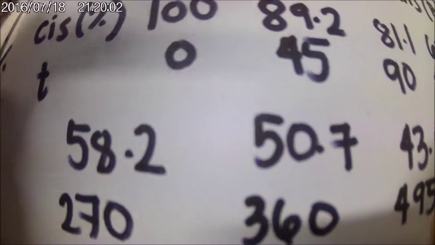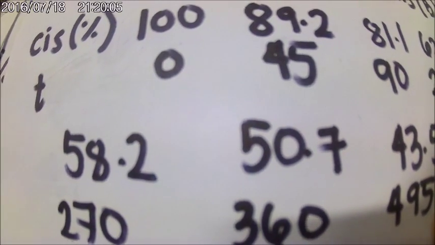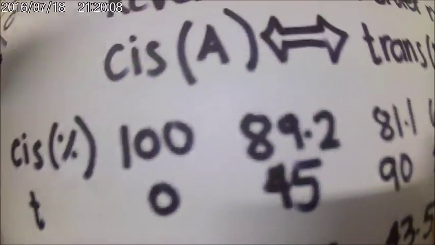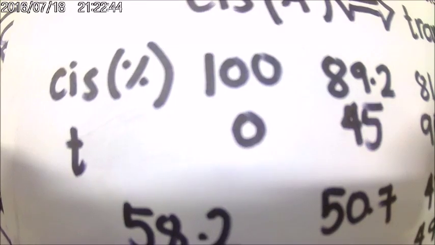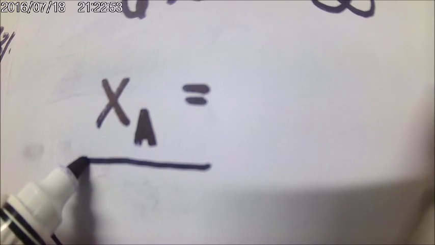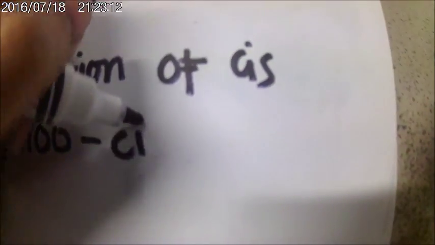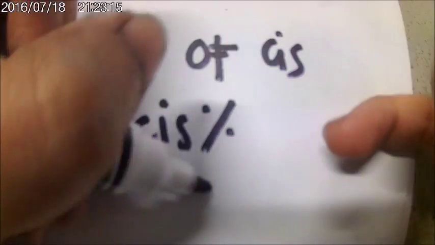So these values are the percent. This percentage of cis can be expressed as XA, which is the conversion of cis, which is 100 minus the percent over 100.